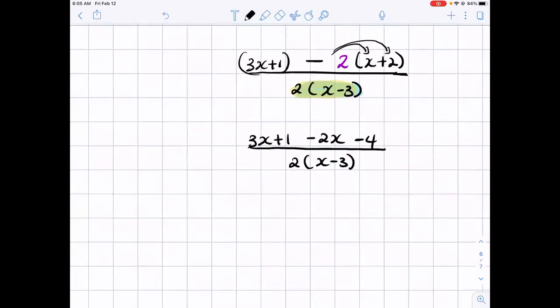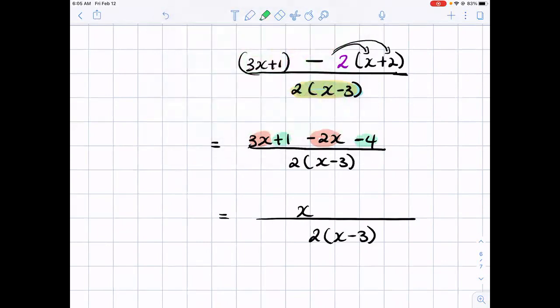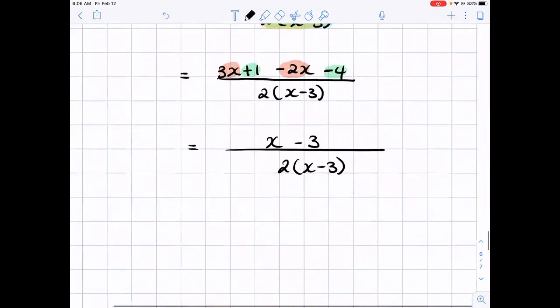And I don't multiply the denominators out, because later on, if you have to simplify, you will see the cancellation easily. So 2 times x minus 3. Now if we combine like terms in the numerator, 3x minus 2x becomes x. And then we have plus 1 minus 4 becomes minus 3. And remember, you should always check, okay, for simplification.